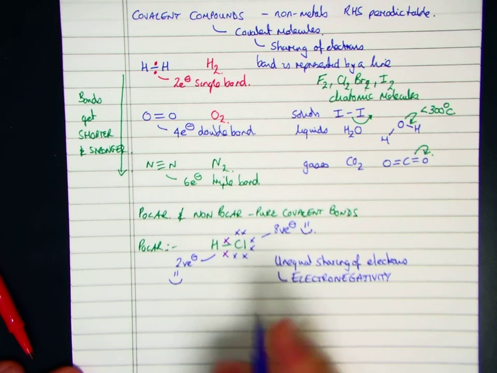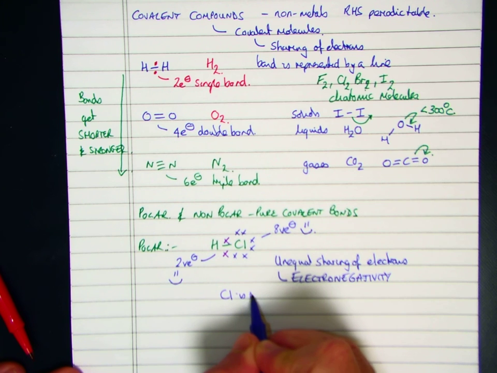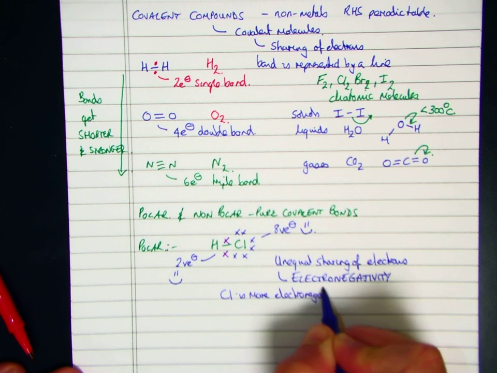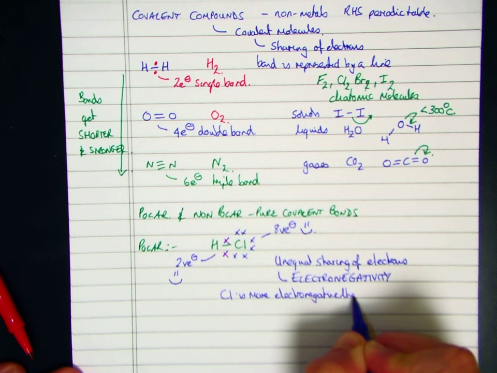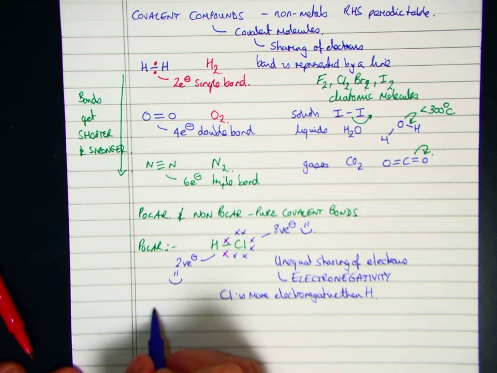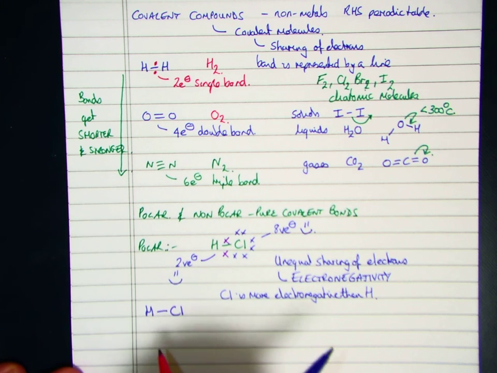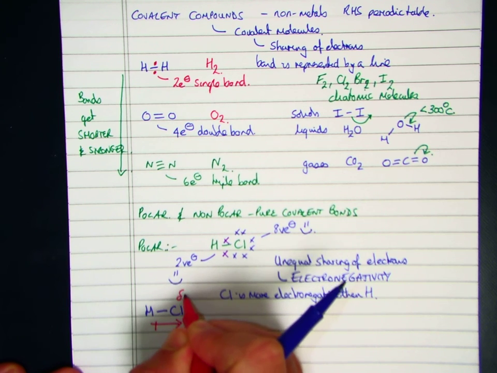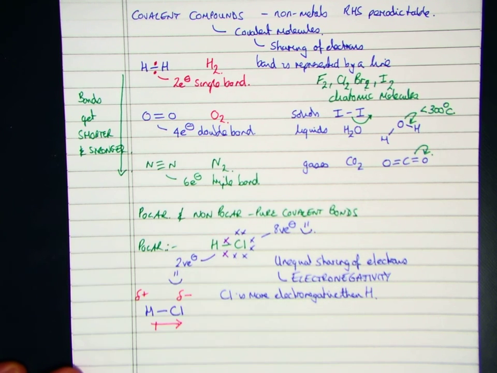Okay, and we know chlorine is more electronegative than hydrogen. And so what we see is this HCl bond, and the electrons go towards the chlorine. This has a partial negative charge, this has a partial positive charge. That's a small delta, partial negative, partial positive.